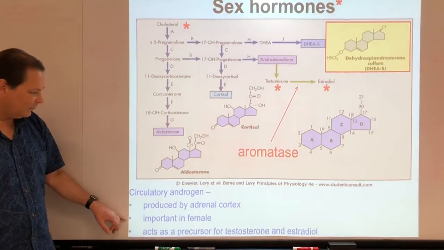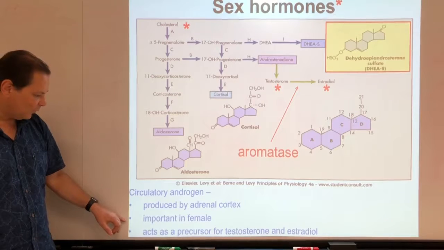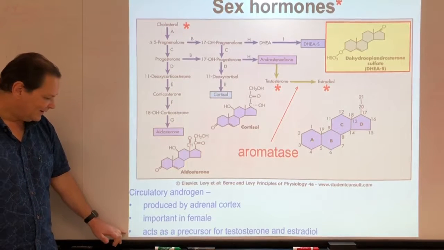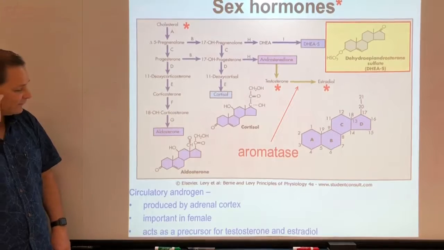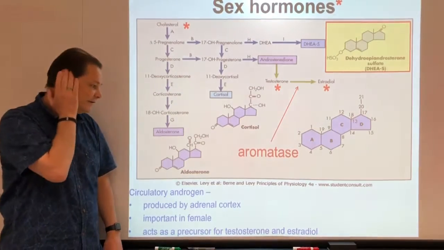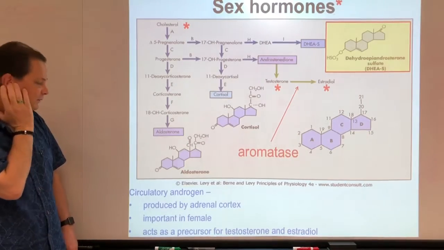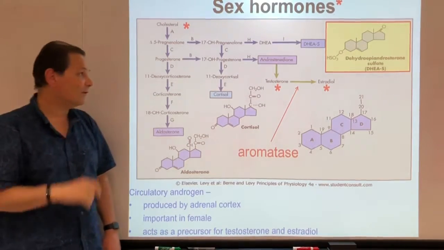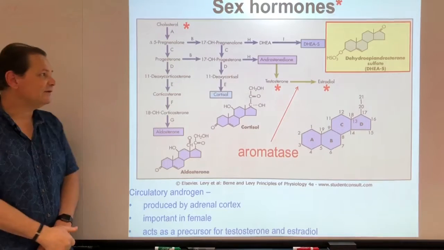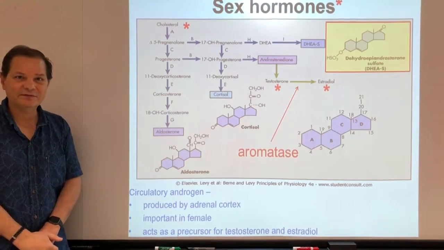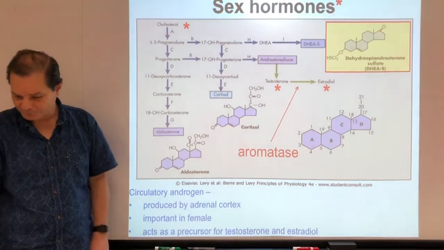It is in both sexes, but it's most important in the female, and it acts as a precursor for testosterone and estradiol. And once again, I'm going to guess that this slide might be the last you'll hear about that molecule. I could be wrong, but it's not going to be a major focus of these lessons in any case, okay?